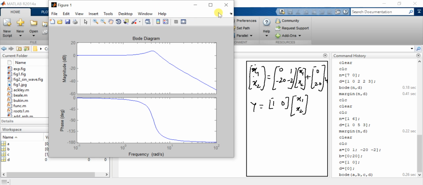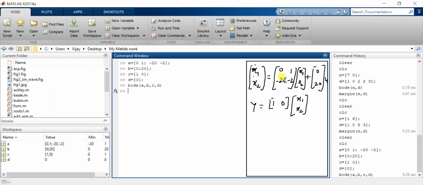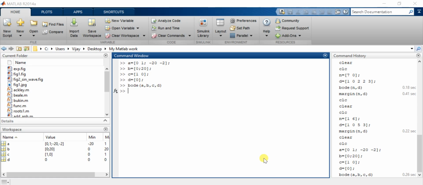The next topic is Nyquist plot. The Nyquist plot is a plot of magnitude of a particular system versus angle of G(j omega) for the frequency range, where the frequency is varied from minus infinity to infinity.